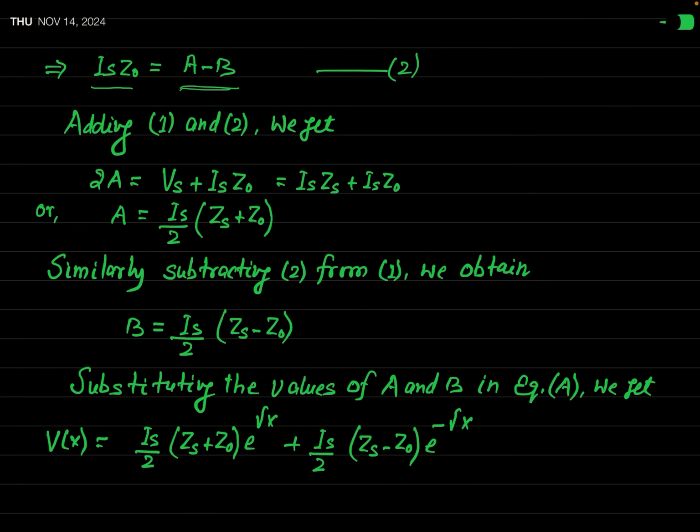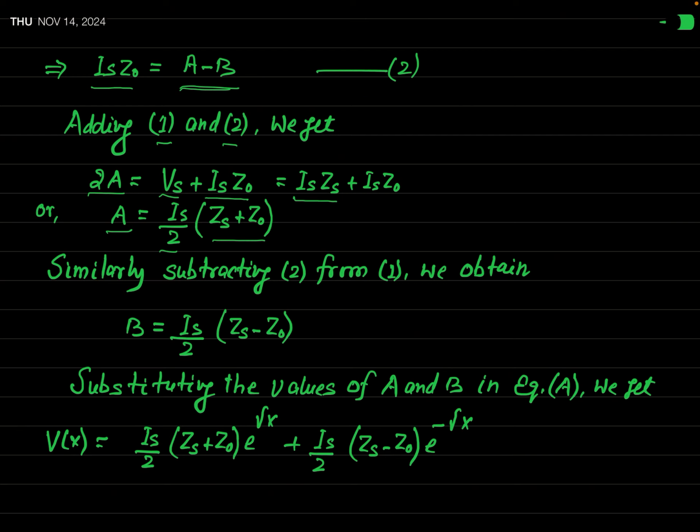So after adding equation 1 and 2, we simply get 2A equal to Vs plus Is times Z0. But you have seen that this Vs is equal to Is times Zs. So finally we get A equal to Is over 2 times Zs plus Z naught.